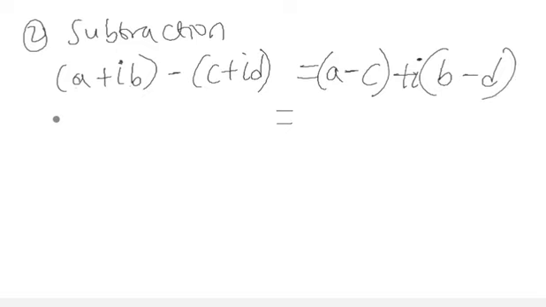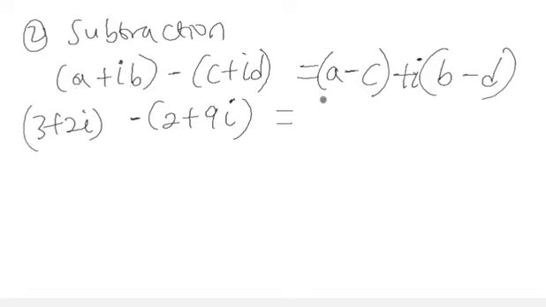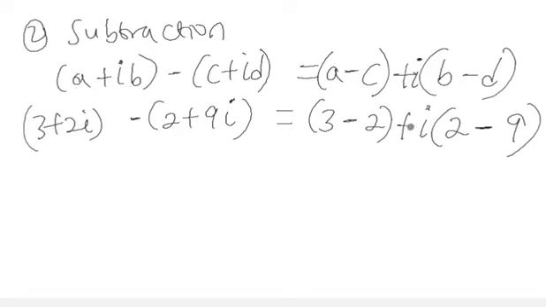So if you have an example here, 3 plus 2i minus 2 plus 9i. You pick the real part first, 3 minus 2, then plus i into brackets 2 minus 9. Someone might be wondering why do we have plus here?